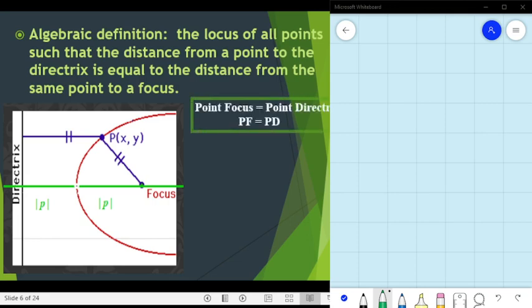Okay, so again, from point to focus is equal to point to the directrix.